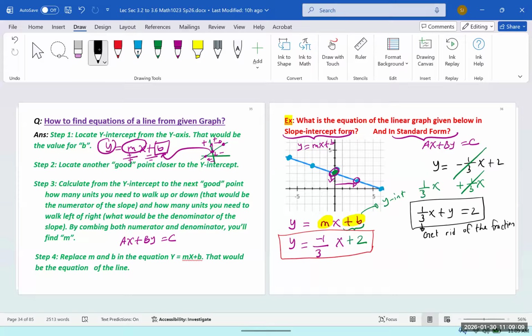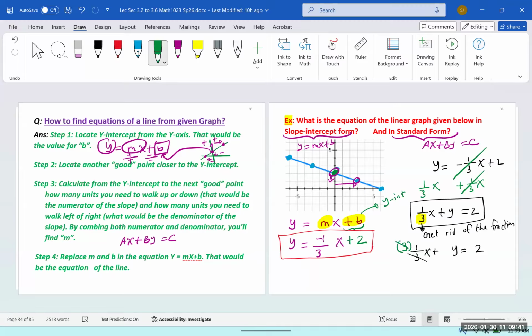Well, our problem is the denominator. We don't want the 3 on the denominator. So to get rid of the 3 from the denominator, we have 1/3 x plus y equals 2. If you don't want to see the 3 on the denominator, you can cancel it if you multiply by 3.